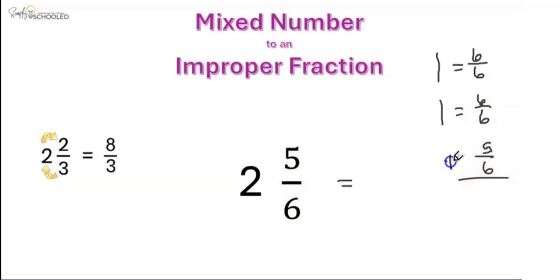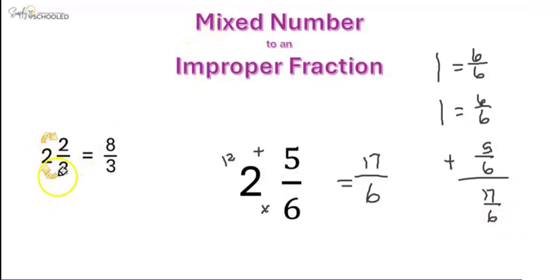Now, if we add all of these together, remember we just have to add the numerators. We keep the denominator the same. 6 and 6 is 12, plus 5 is 17. And that's what we got when we did 6 times 2 is 12, plus 5 equals 17 over 6. So I just wanted to show you over here that it works and why it works.